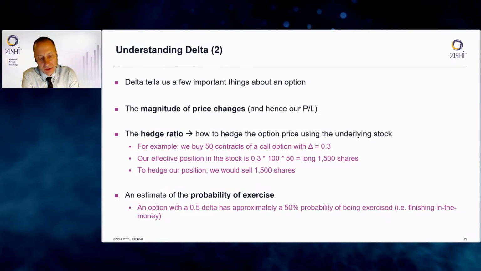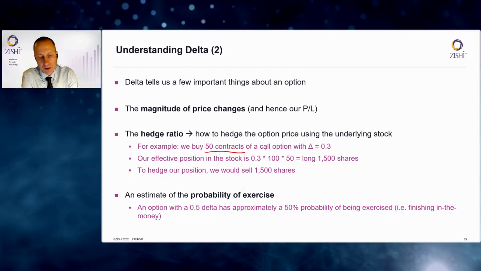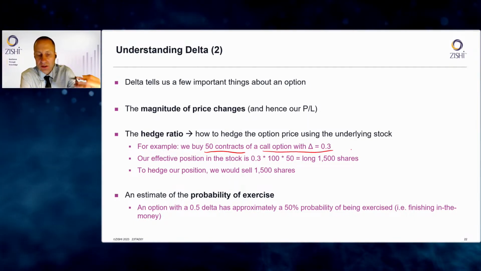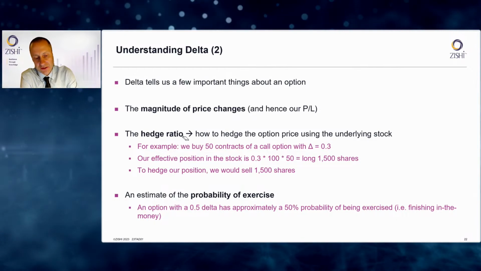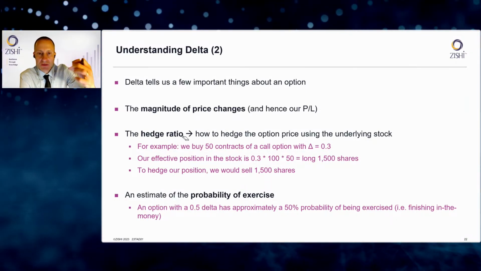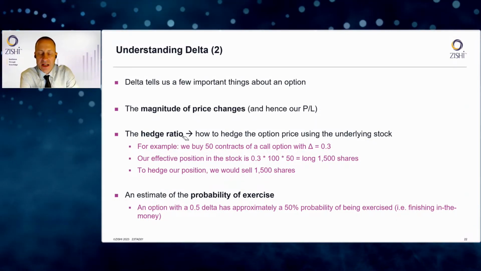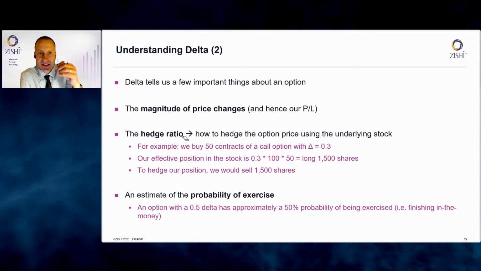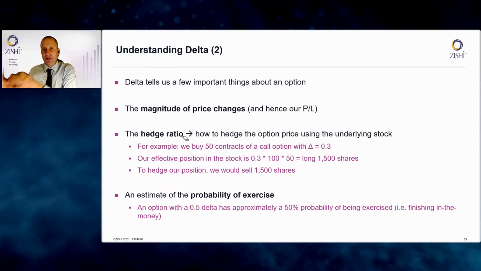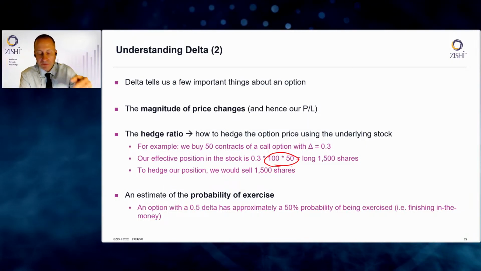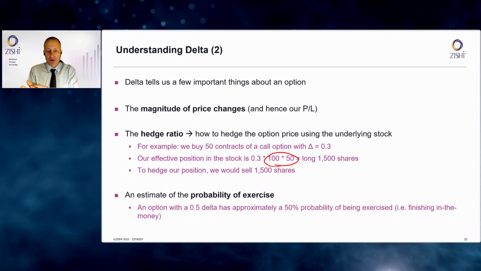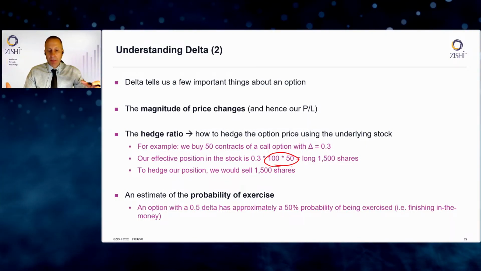So for example, we buy 50 contracts of a call option with a delta of 0.3. Our effective position in the stock is that of a 30% size, a 0.3 size in the underlying stock. So 50 contracts would normally take me long or short 5,000 shares.